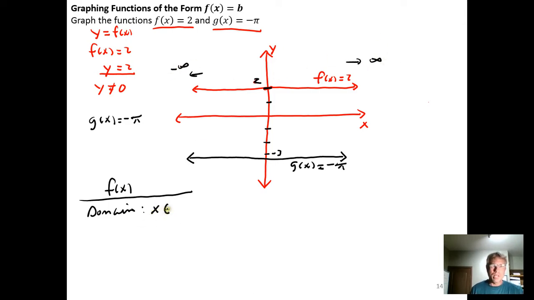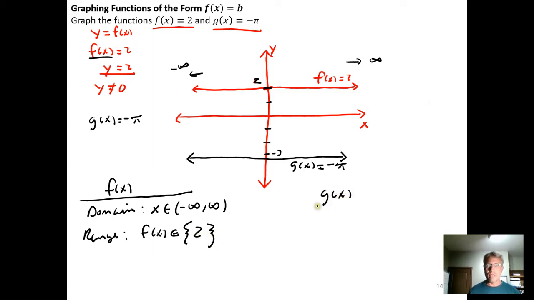So x is running over the interval from negative infinity to positive infinity, and for the range, those are the outputs, and the outputs are the f of x values. So notice f of x is only ever one value. It's only equal to 2. So I'm not going to get an interval of values. I'm just going to get a set that contains just 2 in it. The only output my function gives me is a 2.